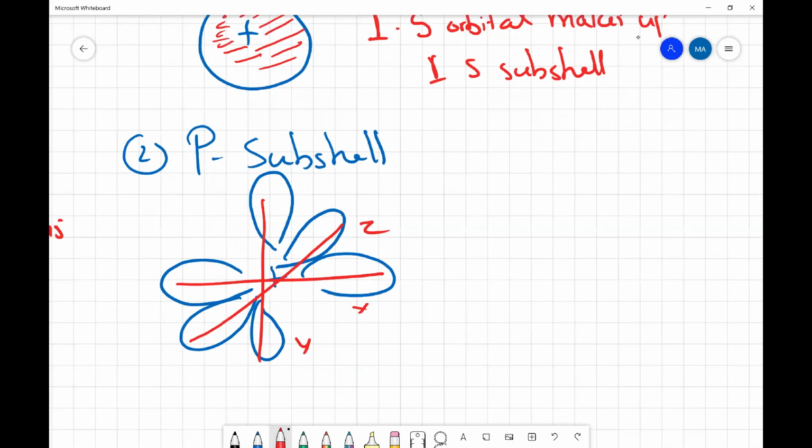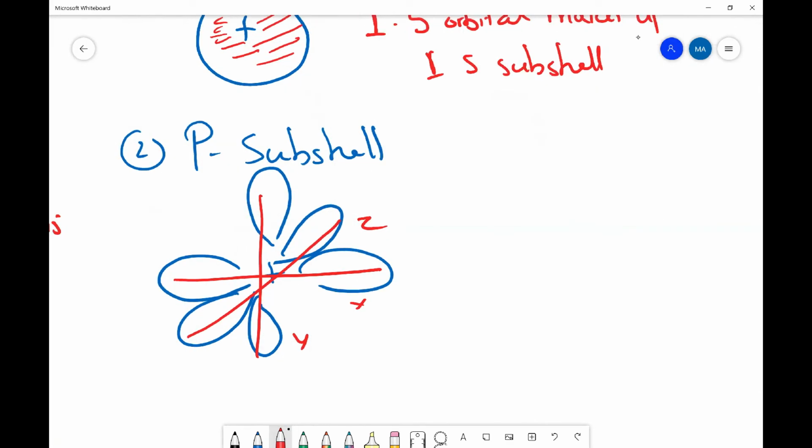So these three orbitals are on all of these three axes. There is a central positive nucleus in between, and the probability of finding an electron is in all of these orbitals, the 3 orbitals and the 6 oval-shaped regions that we have there. So let's color these with green. Green areas are all those where you can find an electron.